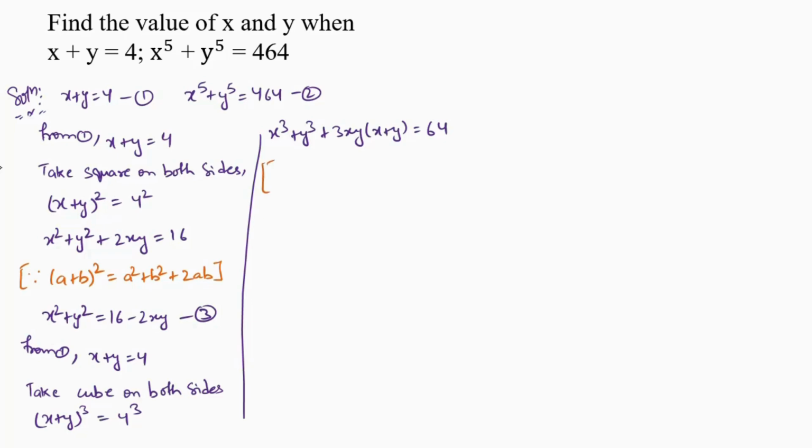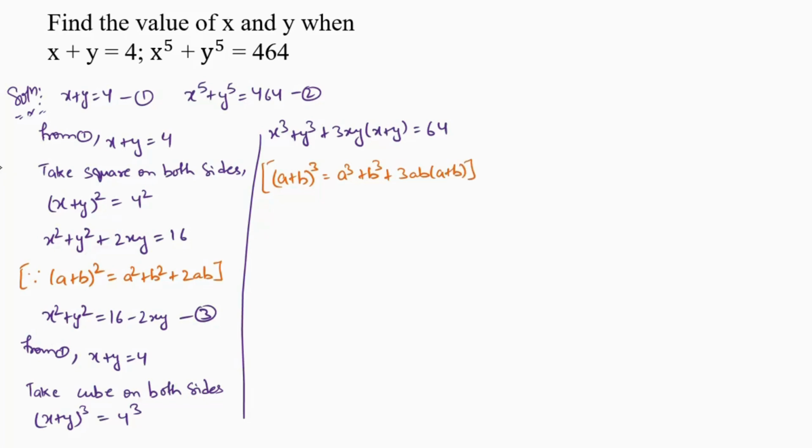As we know, a plus b raised to power 3 is equal to a cube plus b cube plus 3ab bracket a plus b.